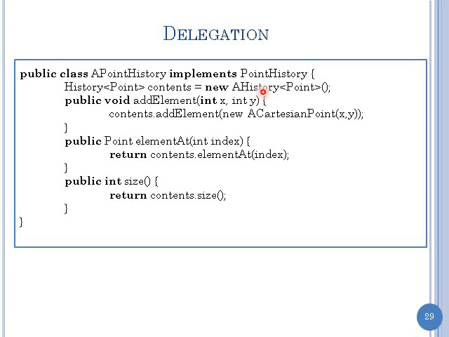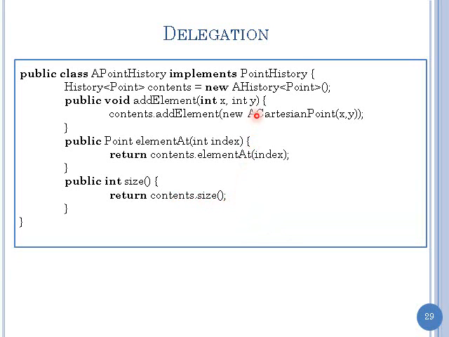I have a contents. And what did I do? I have my add element method, which I go in. I implement this add element method by calling the add element method in contents. I implement my element add method by calling the contents element add. I implement my size method by doing contents.size.